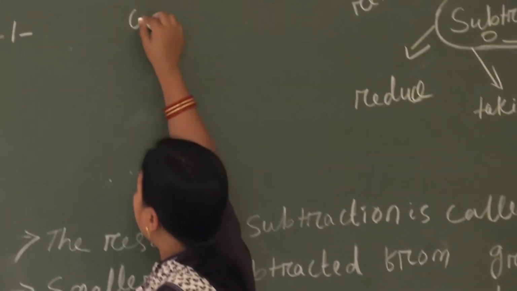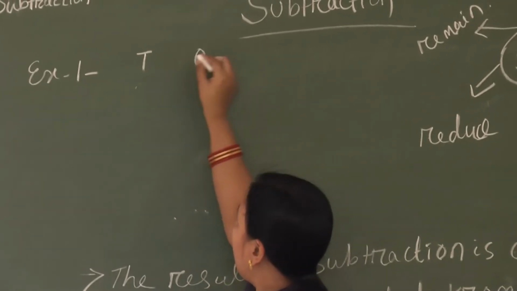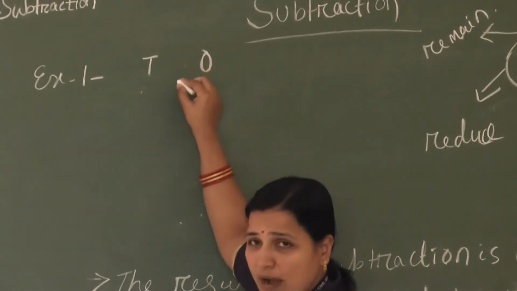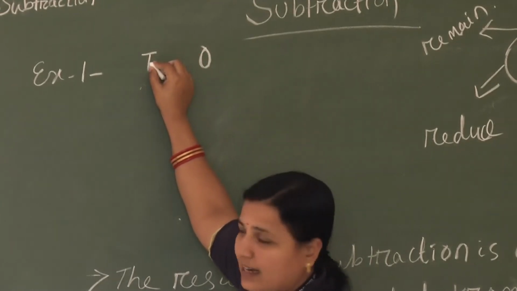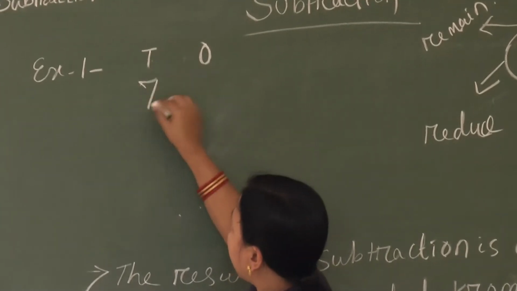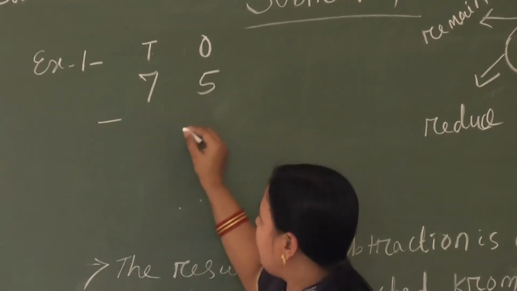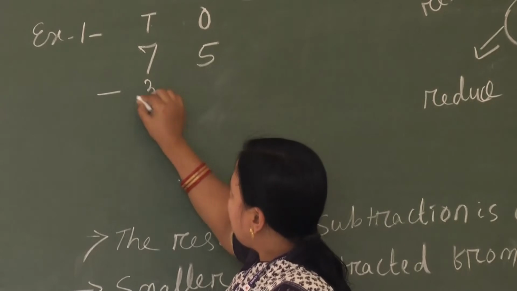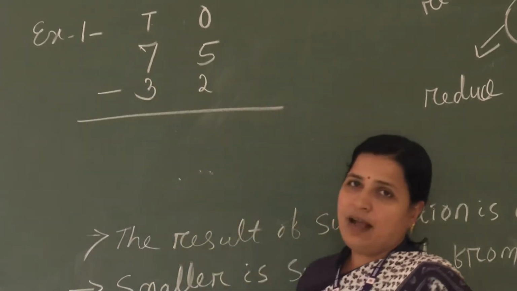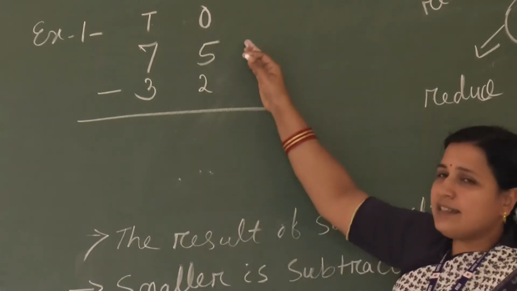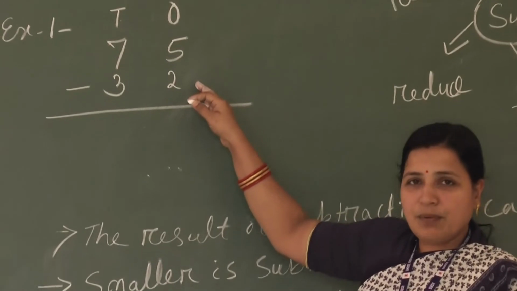Now I give you an example of a 2-digit number. O stands for ones place, T stands for tens place. So this is 75. I say to you, subtract 32 from 75. You know that 75 is the greater number and 32 is the smaller number.